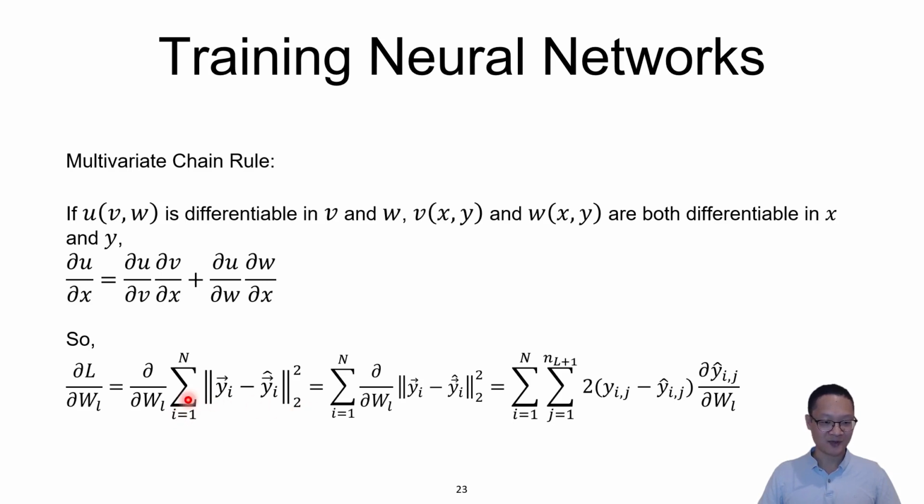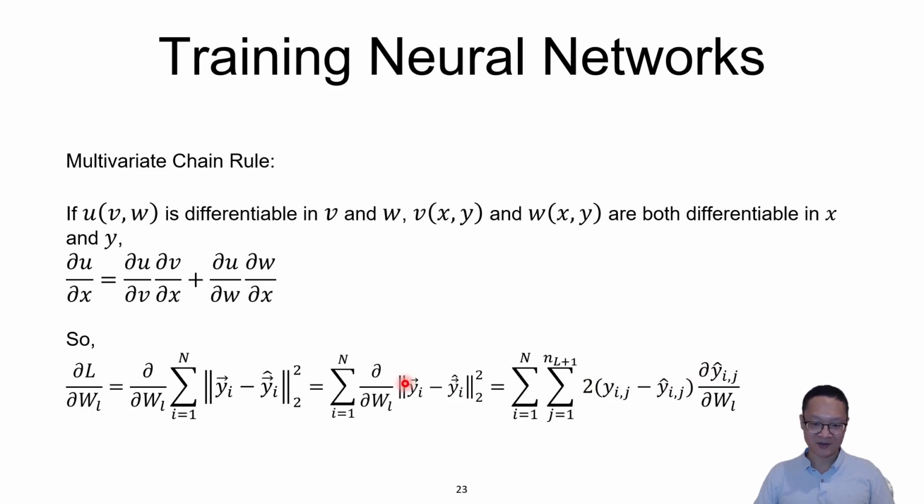Again, we can move the derivative inside the sum, so I'm not going to write this down again. And then when we do that, the 2 comes down, and then we should have some arrows on these y's. Let's not worry about the arrows. We're going to be looking at all the components very carefully in the next few slides.